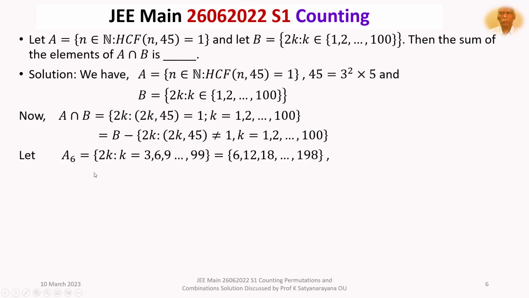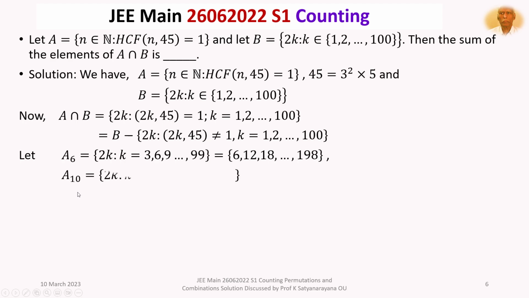Agreed. So if you observe that, now each element of A6 you take and take the GCD with 45, then you will get either 3 or 9. Therefore, the GCD is not equal to 1, that is, the HCF is not equal to 1.